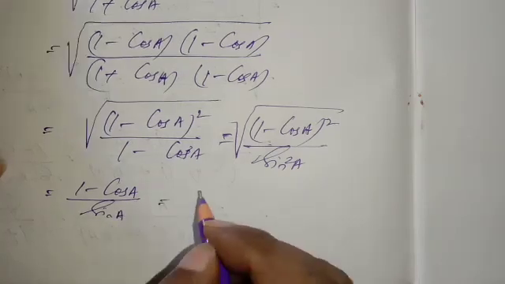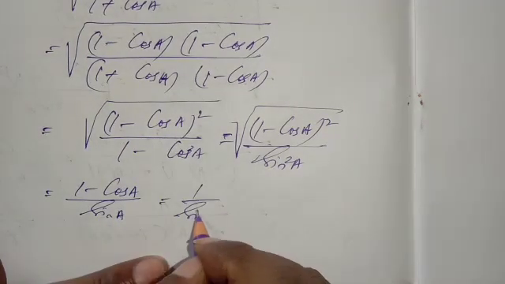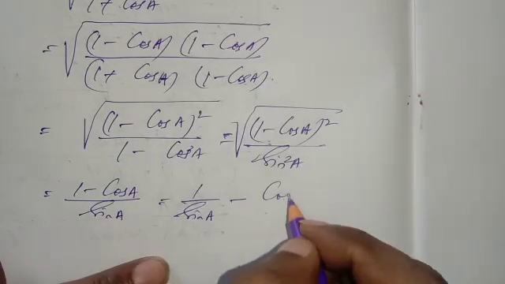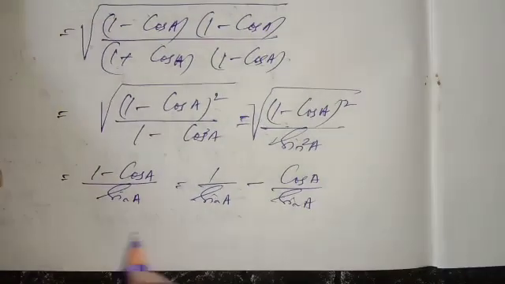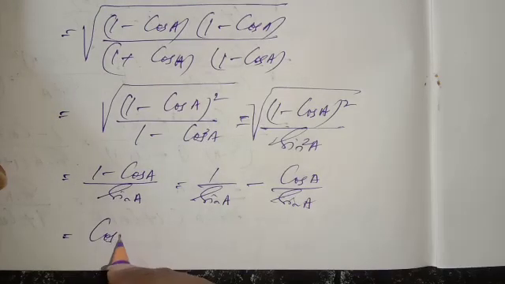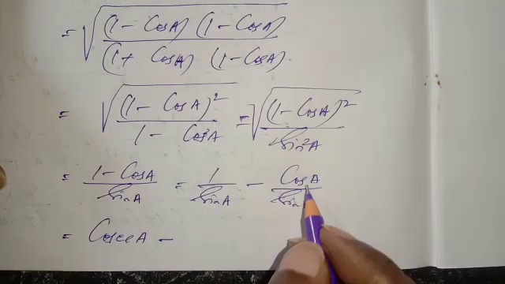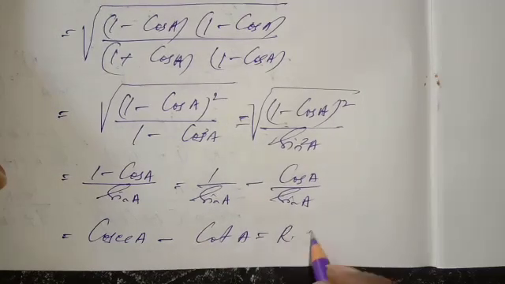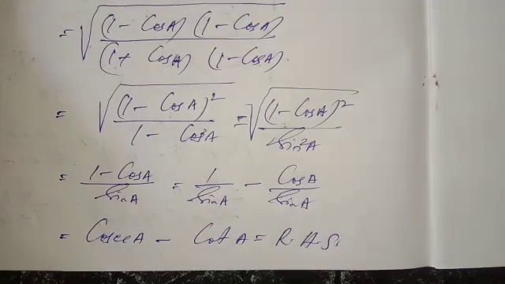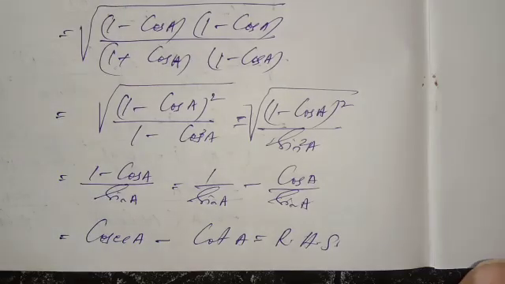Just separate the fraction: 1 by sin minus cos a by sin. Now 1 by sin means cosec a, and cos a by sin means cot a, which is nothing but your right hand side. It is proved. Let us go to question number 20.